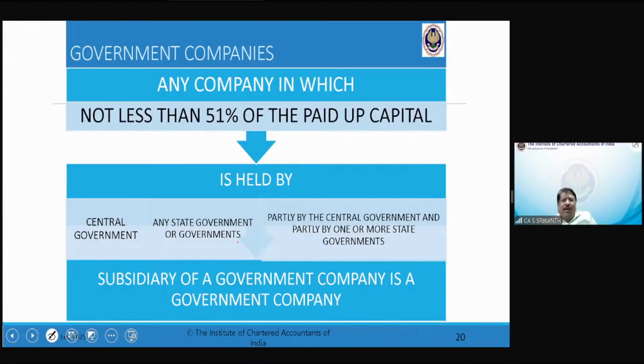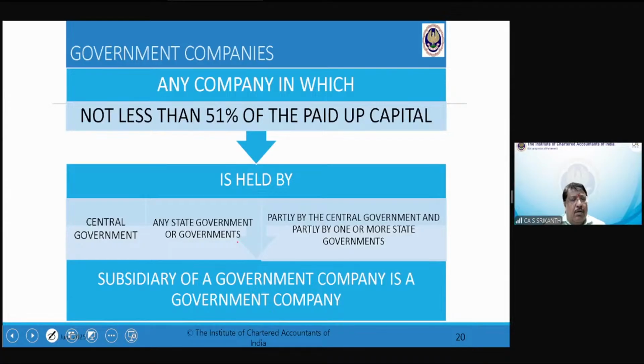Otherwise, quickly, any company in which not less than 51% of the paid up capital is held by the central government, fully the central government, or any state government, maybe a single state government, fully 51% or 60% held by the Maharashtra government, no problem.